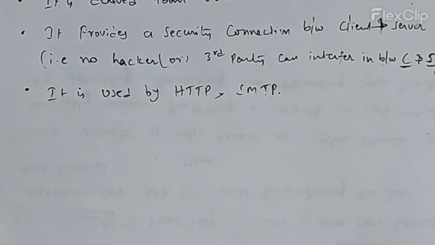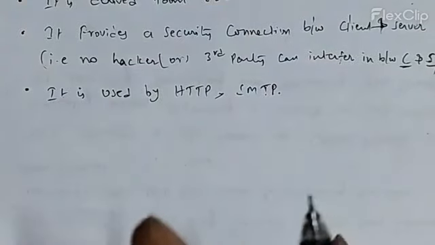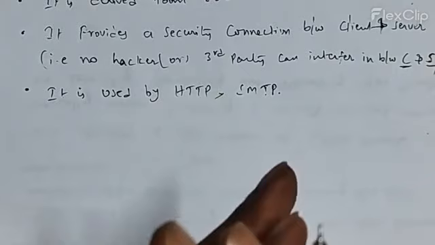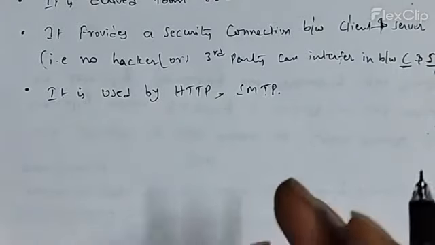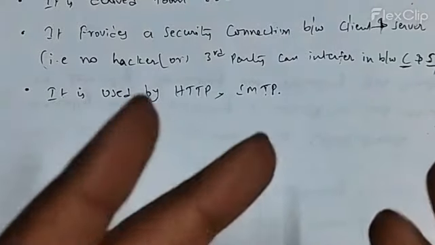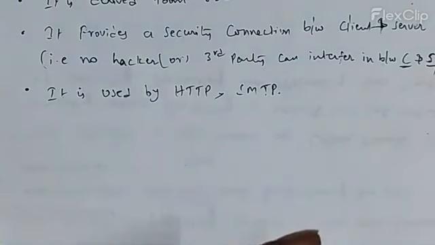How does it work? It uses a client and server handshaking mechanism. First, we have to establish a connection between client and server. Then both will exchange the key. Once the key exchange is successful, the TLS protocol will open an encryption channel by using the RC4 algorithm, IDEA, or DES algorithm.